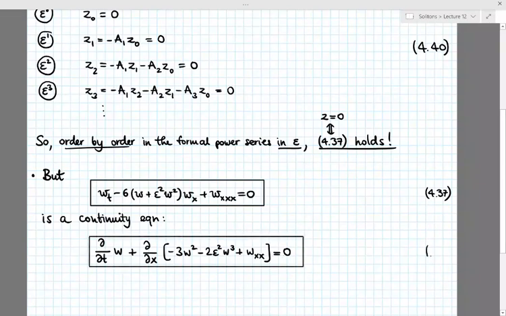That's equation 4.41. And here we can identify W as the conserved charge density rho, and the quantity inside the square bracket as the associated current density J.